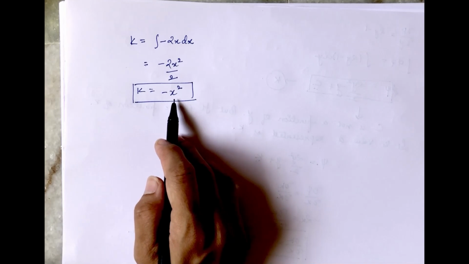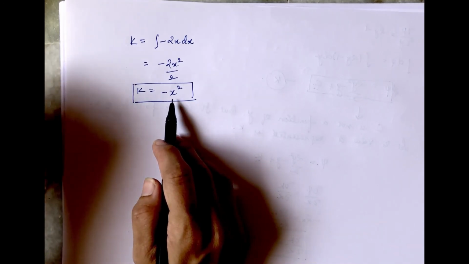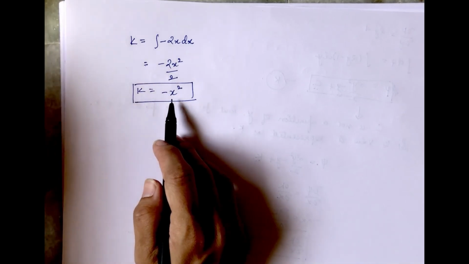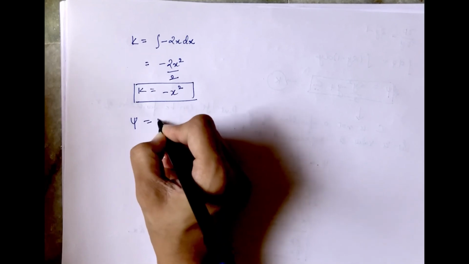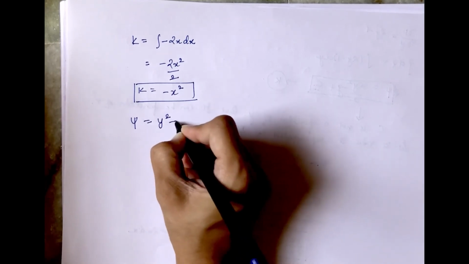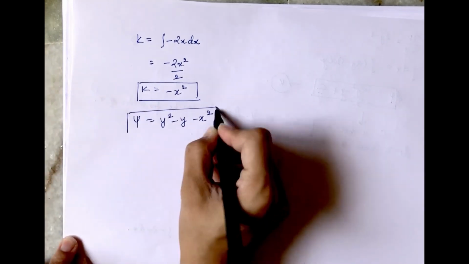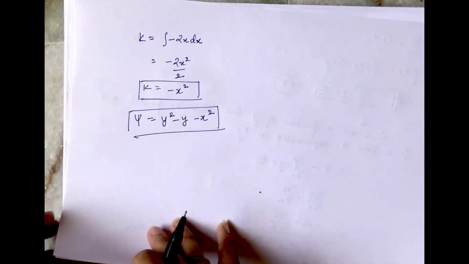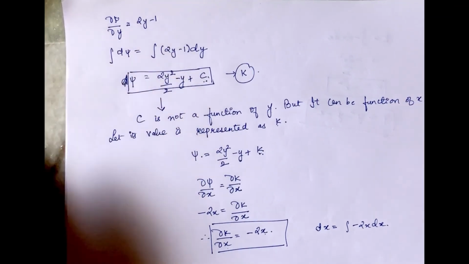Now substituting this value of minus x square in the above equation, we get the equation as psi is equal to y square minus y minus x square. Okay, this is the equation we get by substituting the values in this equation.